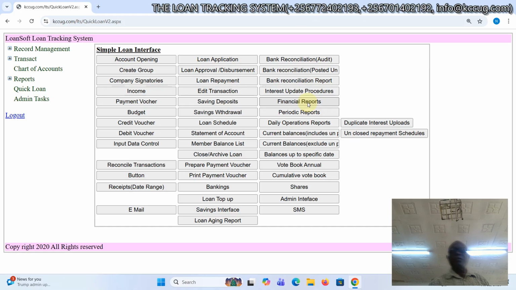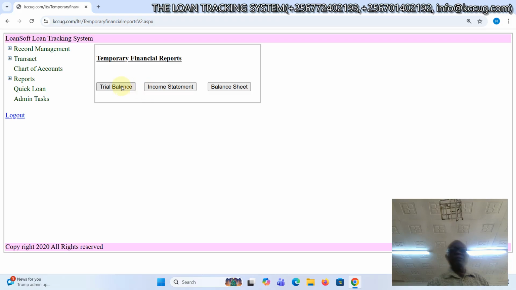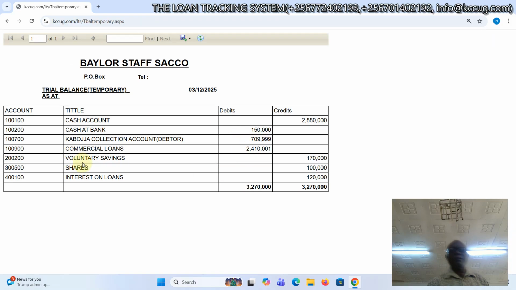So if I click on my box and I click on temporary box and I click on balance, I see Kavadia collection account data.